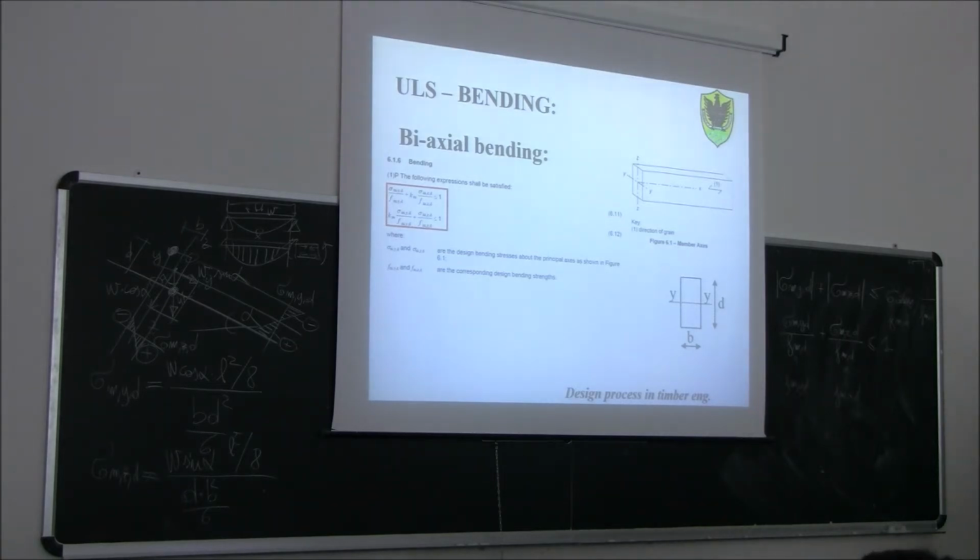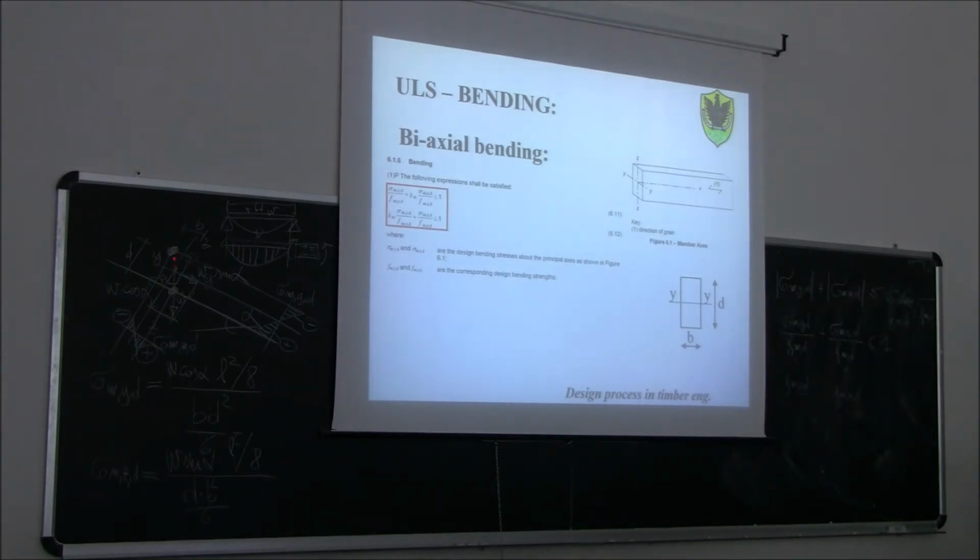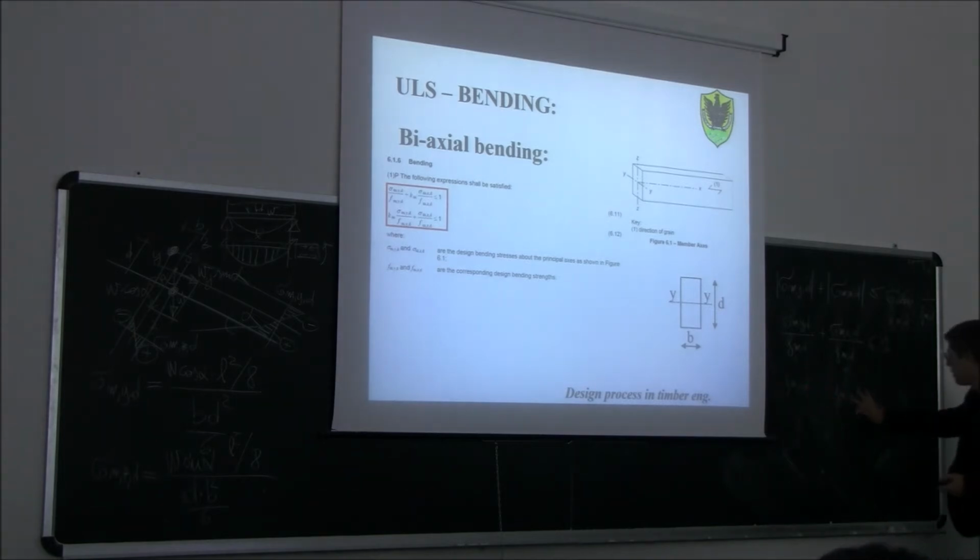So for example, if you have a cross section here, which is, let's say, 200 millimeter in this direction and 100 millimeter in the other, when you calculate the bending strength f m z d, it would be the strength for a cross section where you have here, let's say 200 millimeter, and here 100 millimeter.